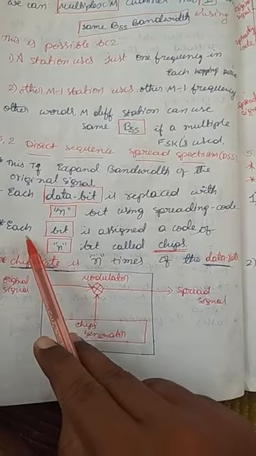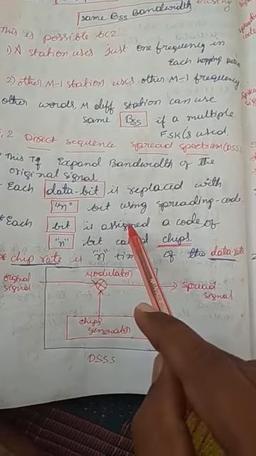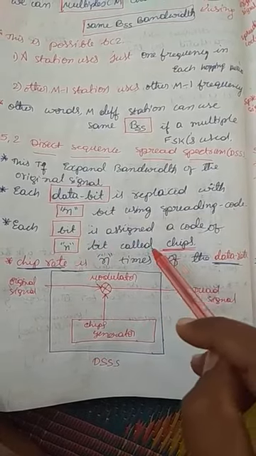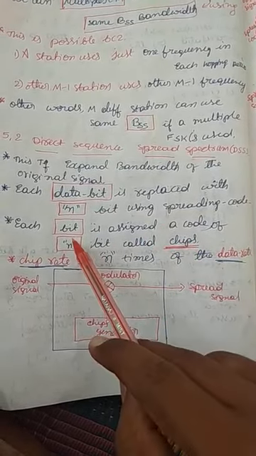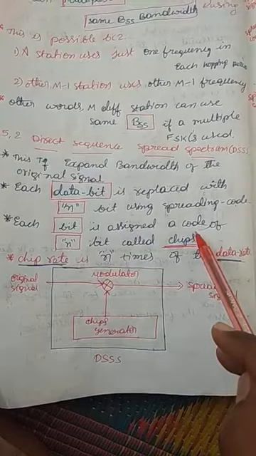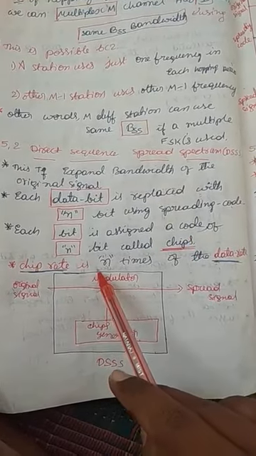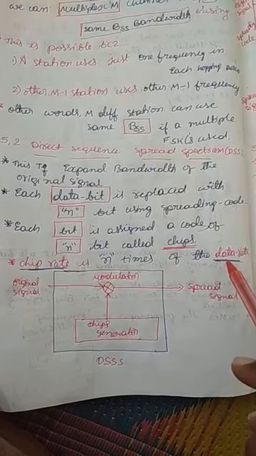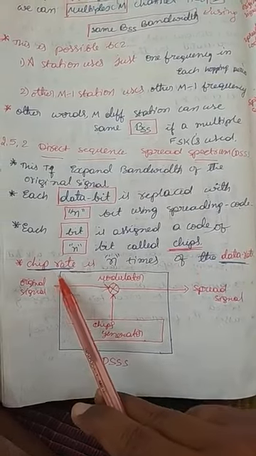Next, each bit is assigned a code of n bits called a chip. We will call it a chip. The chip rate is n times the data rate. What is the chip rate?